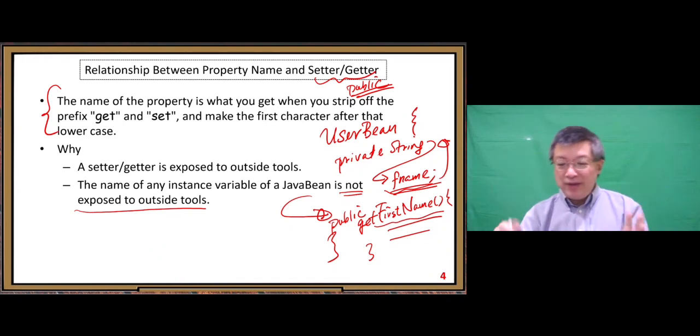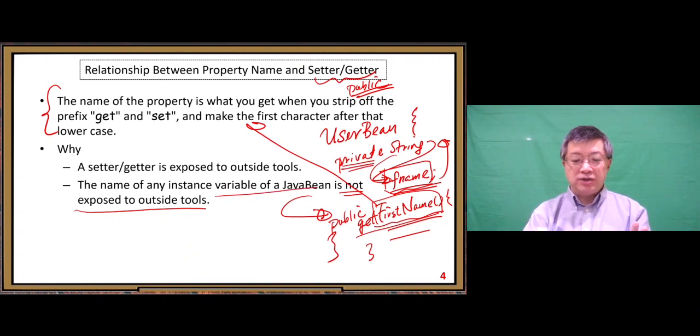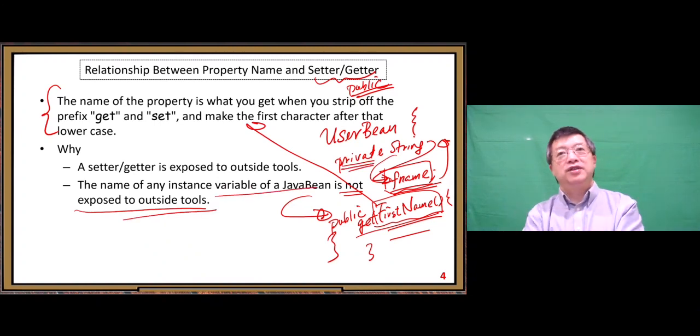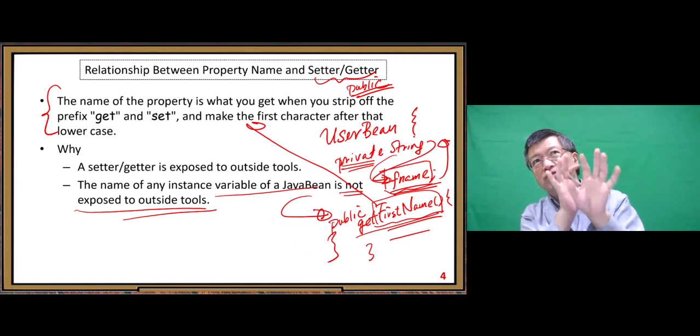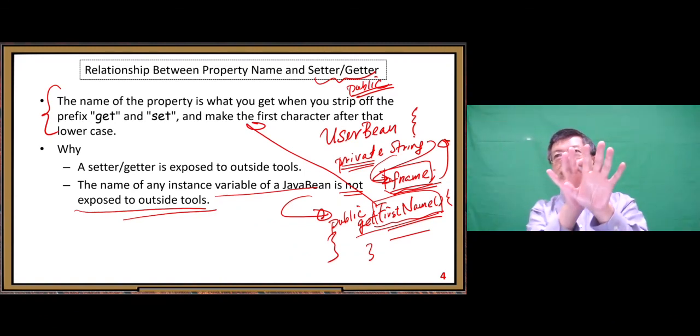Some people may feel like that. It's not. Based on our rule, it should be from the getter, not from the instance variable. The reason is that instance variables are private, and they are not exposed to outside tools. So that's why we cannot use instance variables for the property name.